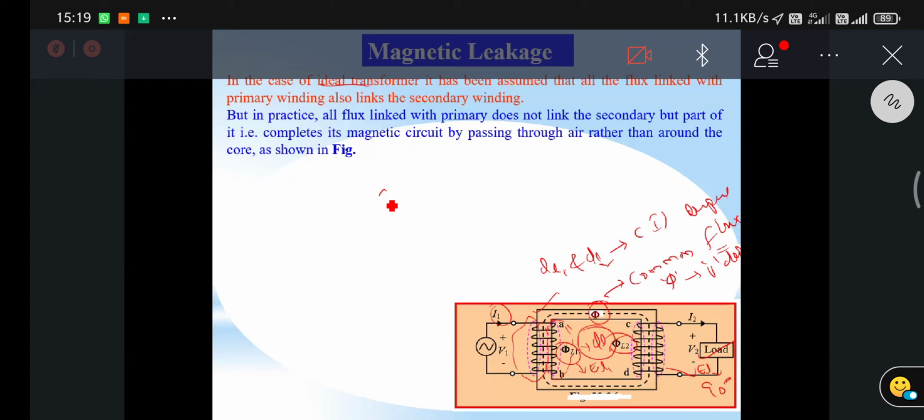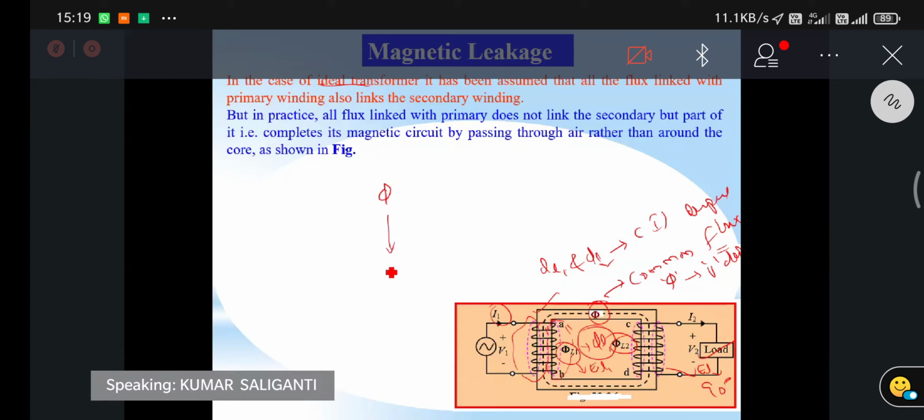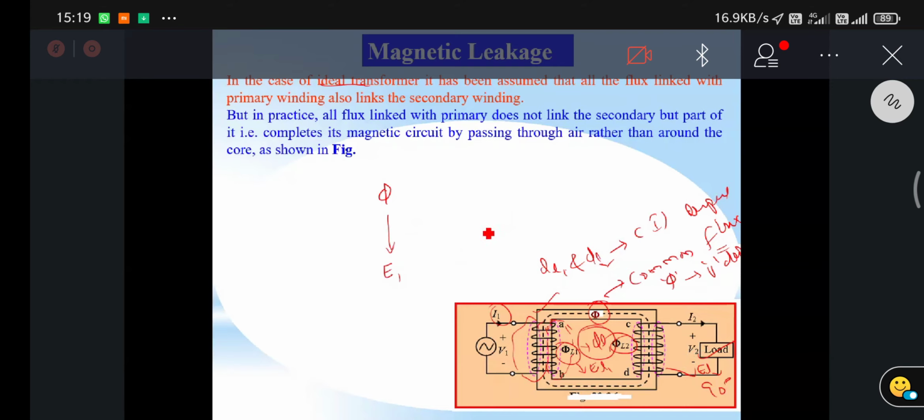Why? Suppose you consider the main flux, we have only E1. This E1 always lags the flux by 90 degrees. Forget about E2 for now. This is V1, which is equal to minus E1.